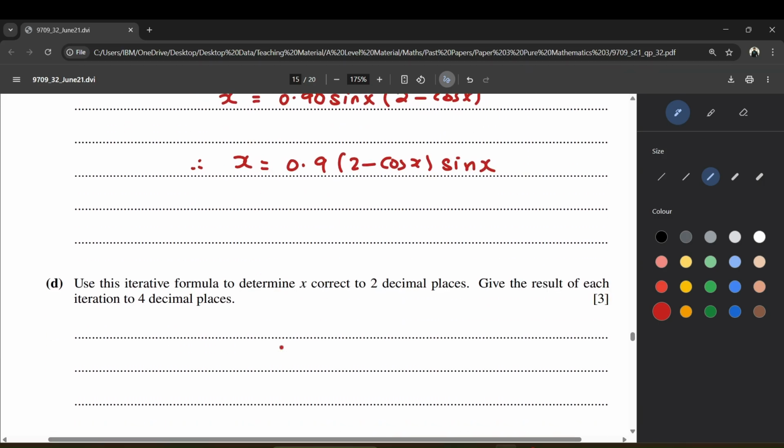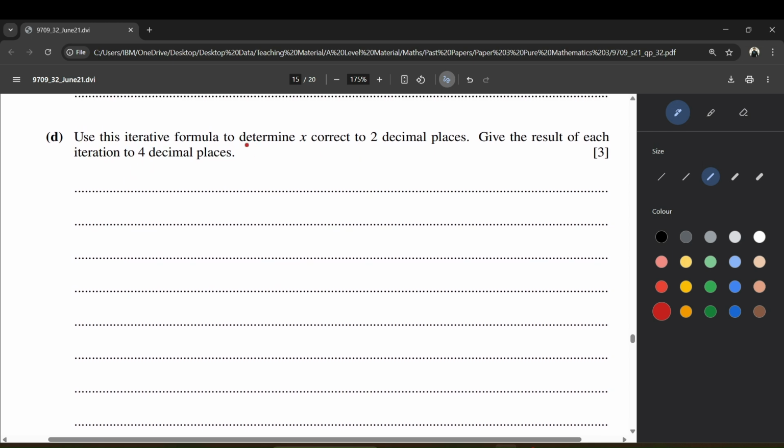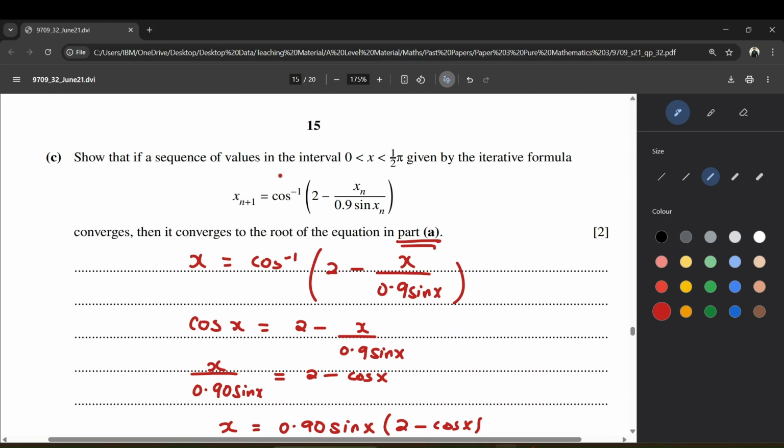All right, last part of the question. Use this iterative formula to determine x correct to 2 decimal places. Give the result of each iteration to 4 decimal places. Now they haven't given you the initial value of x. So what initial value should you use? I have to take some value that I can plug into this side.